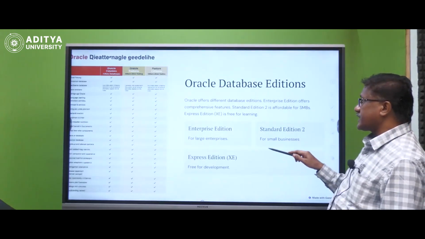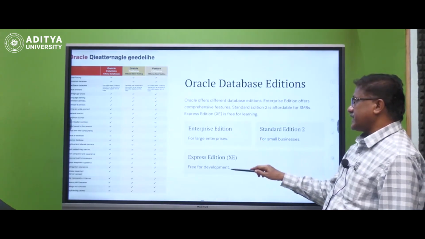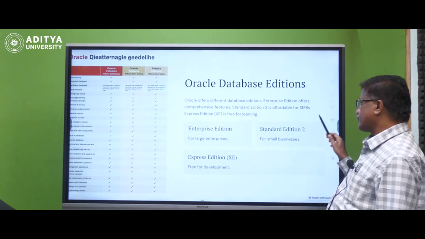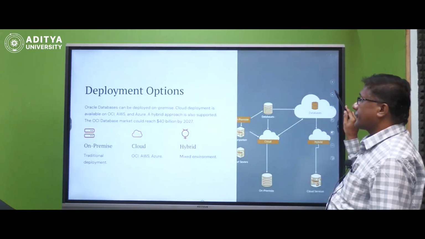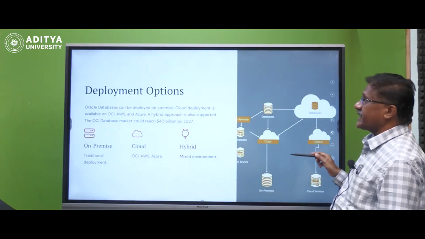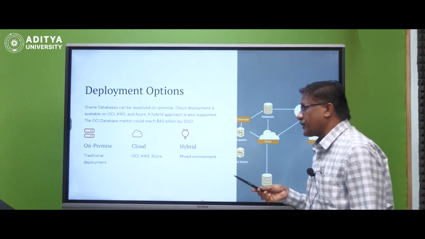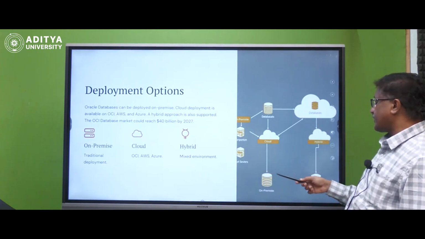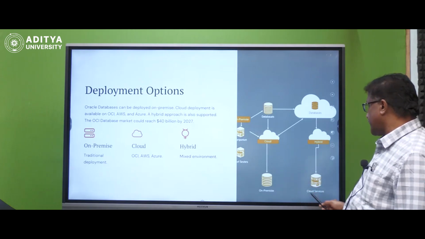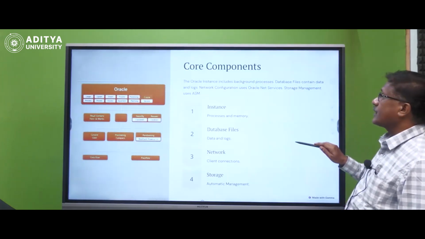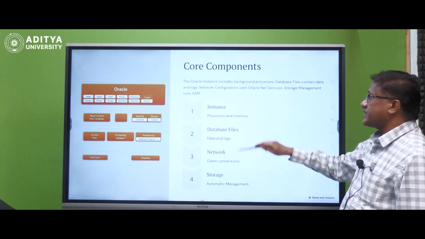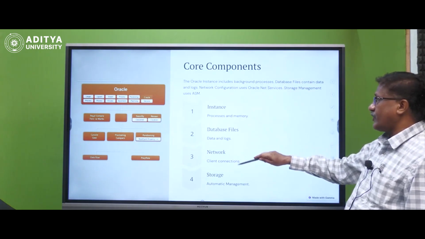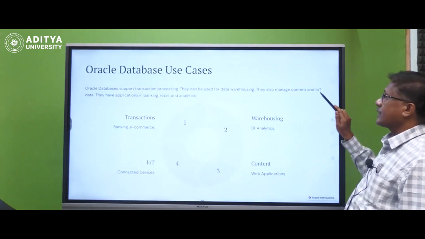Oracle database editions are Standard, Enterprise, and Express Edition. In this diagram, we can understand the various types of on-premises, cloud, and hybrid databases connecting with various types of services, including on-premises and cloud services. The core components are instance, database files, network, and storage.